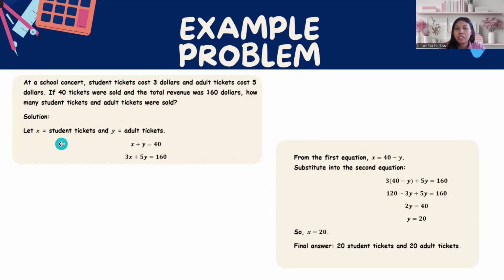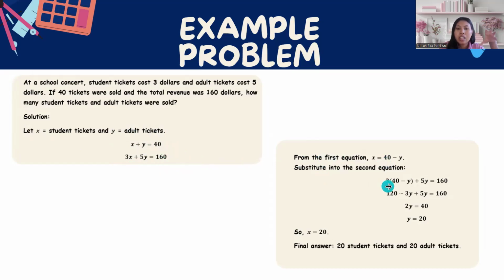Let x be student tickets and y be adult tickets. We can turn this problem into a system of linear equations in two variables, and we get x plus y equals 40 and 3x plus 5y equals 160. From the first equation, x equals 40 minus y, we can substitute into the second equation.